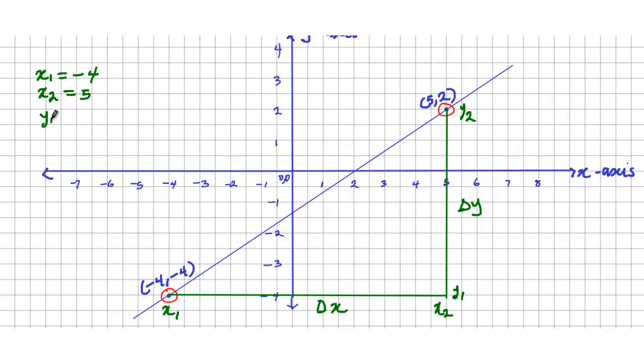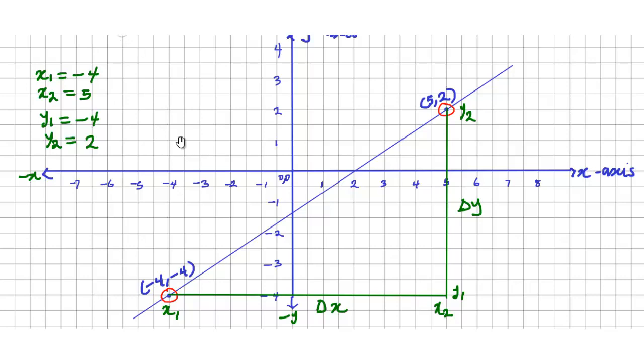Then my y1, I trace it to the y-axis, that is minus 4. Then my y2 in this case is 2. Don't forget, this is the negative y-axis, positive y-axis, positive x-axis, and this is the negative x-axis. So I've extracted all the points that I will be using to solve all the questions.